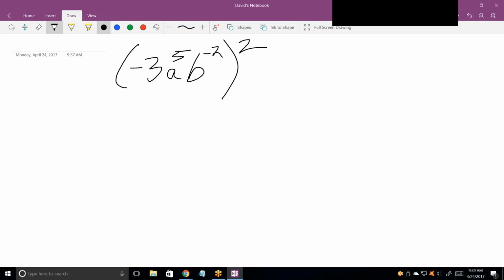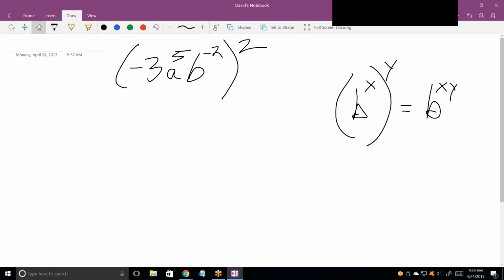There's a rule of exponents. If I say some number to the x in parentheses raised to the y, you multiply the exponents. That's what we're going to do here.